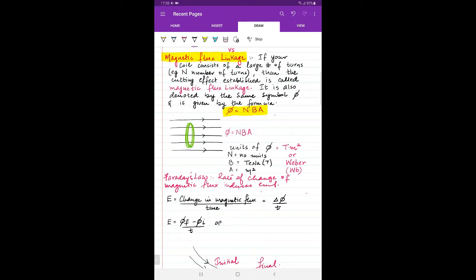Many students flip it and write it the other way, and technically there is no harm in it. It doesn't have to be final minus initial; even if you write initial minus final, you'll end up with the same change. So there is no issue. If final minus initial seems right, go with that, otherwise initial minus final, whichever seems right.